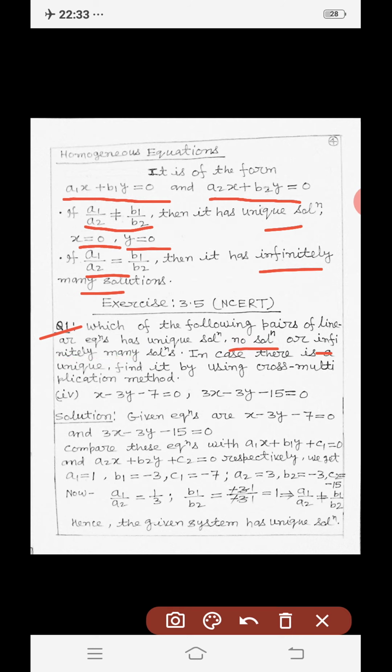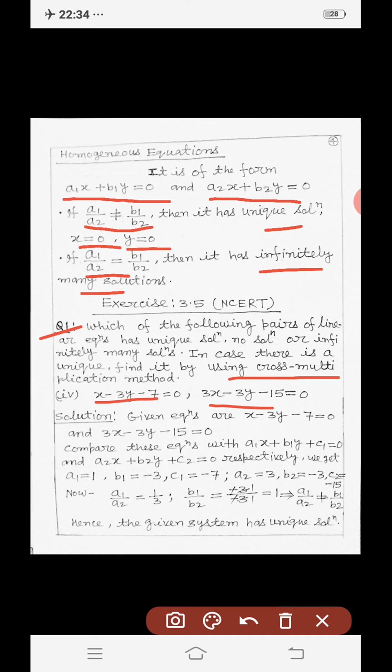In case there is a unique solution, find it by using the cross multiplication method. Dear students, we solve the fourth part, that is x - 3y - 7 = 0 and 3x - 3y - 15 = 0.